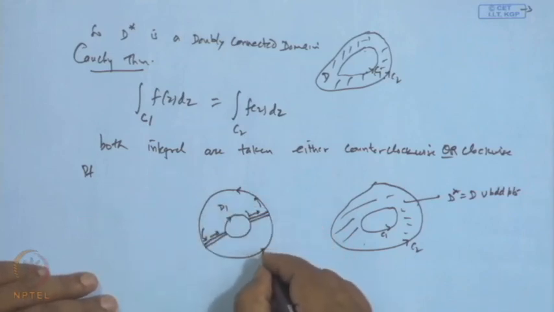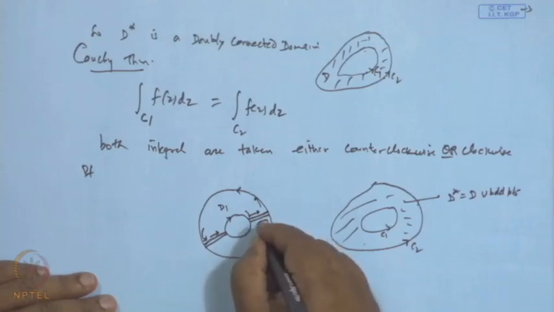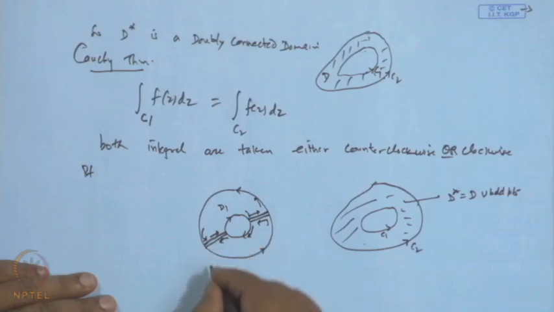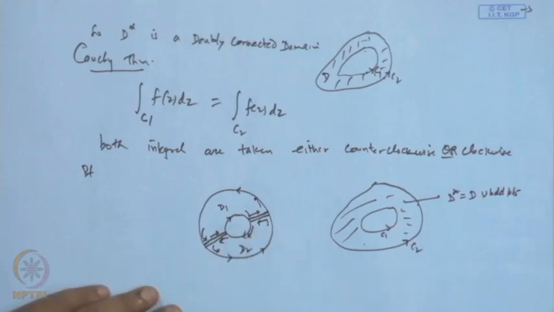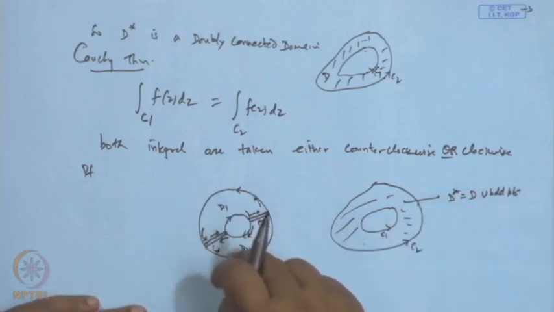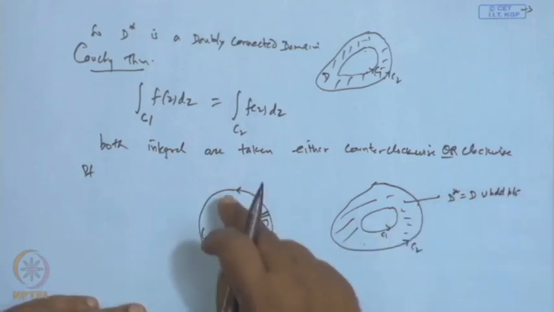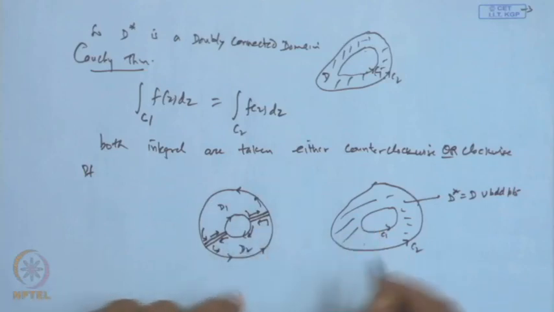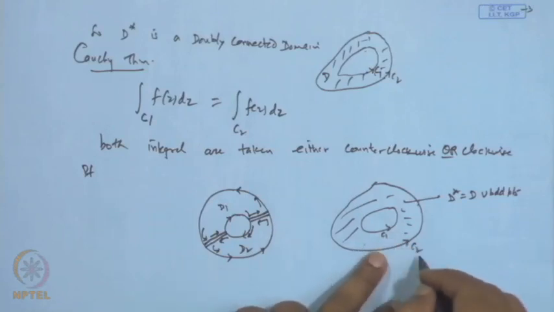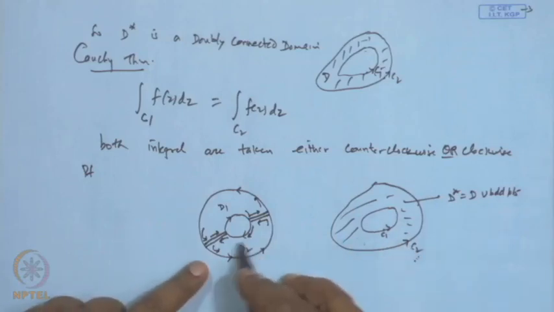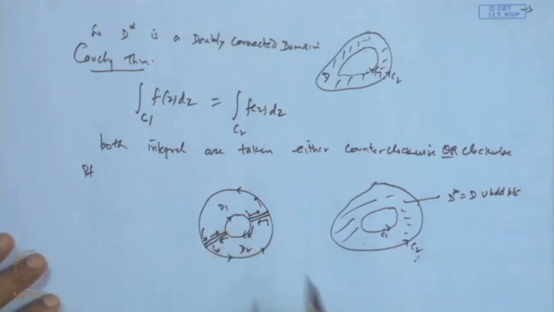Similarly, going along this direction, coming back this way and again up to here, then coming back, we get another, D2. It means D star has now been broken up into two domains D1 and D2, and both are simply connected domains. Here the path C1 and C2 are the same, so the direction is the same, but along the cuts the direction reverses. So, that we will take care of.